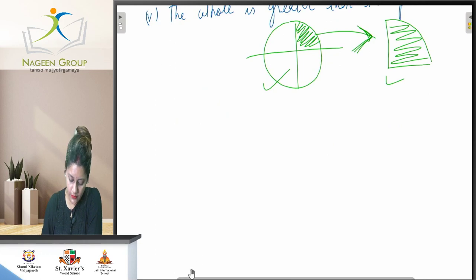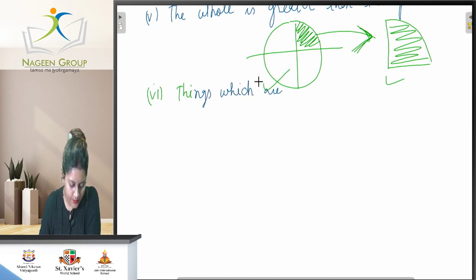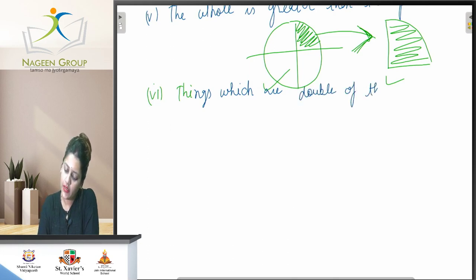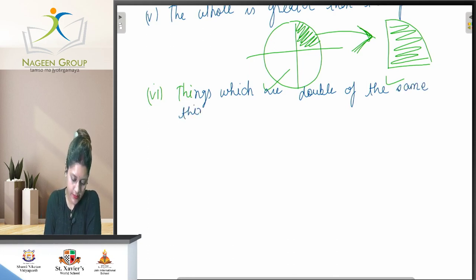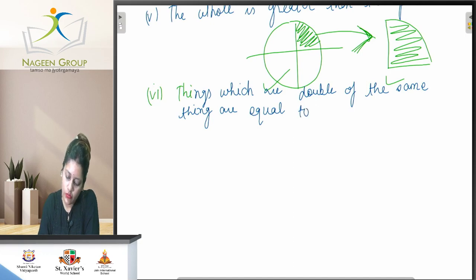Next one, sixth one: things which are double of the same thing are equal to one another.